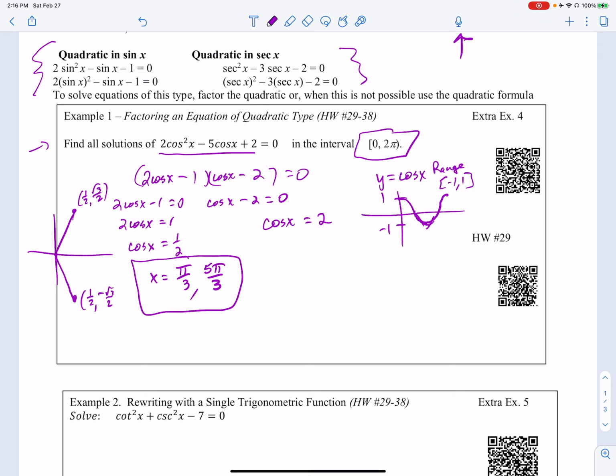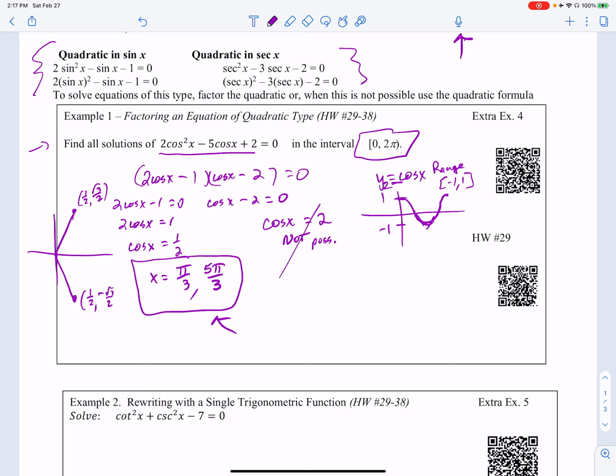There is no place where cosine hits 2. This is not possible. There is no angle that you can put in cosine and get the output to be 2, because the normal range of cosine is -1 to 1. So that doesn't produce any solutions. So these are your only 2 answers.